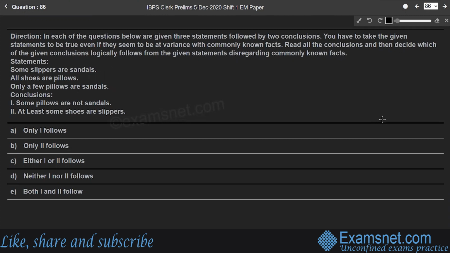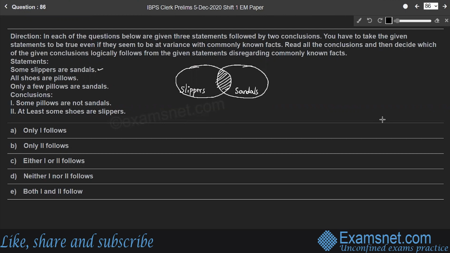Right? So first statement is some slippers are sandals. So here there is a set of slippers and set of sandals in which some portion is common to both slippers and sandals.